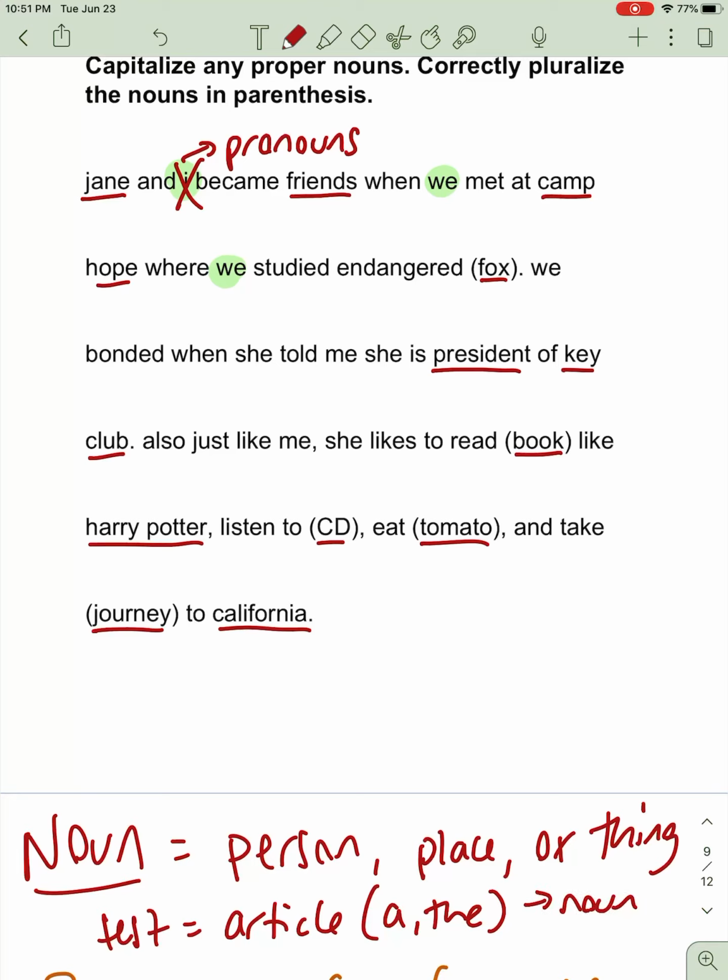So I could take a journey to California. That makes perfect sense. So I actually have a noun here. Jane is a friend. That makes sense. So I actually have a noun here. I journeyed to California. That doesn't make sense. So in this case, I know journey is not actually being used as a noun.